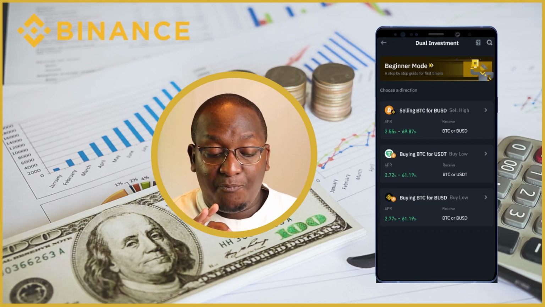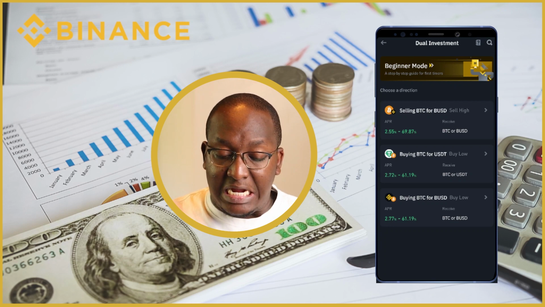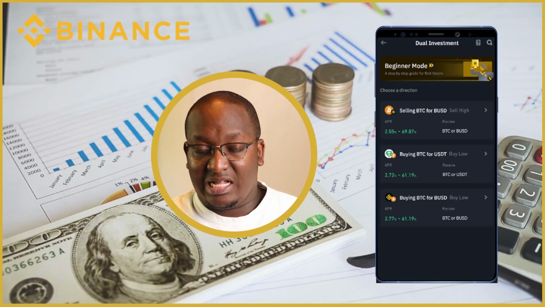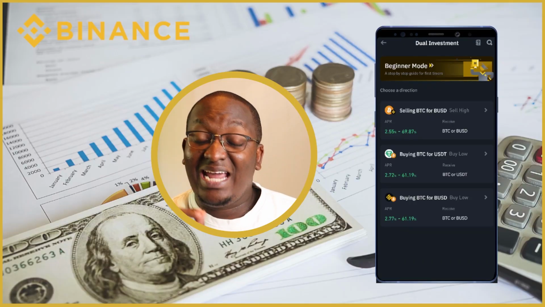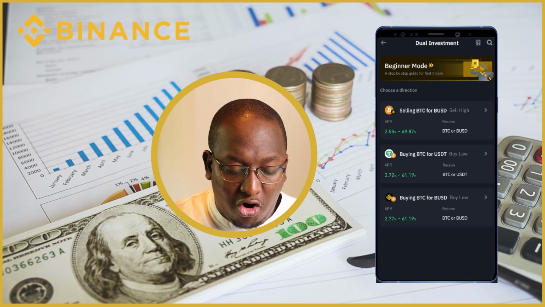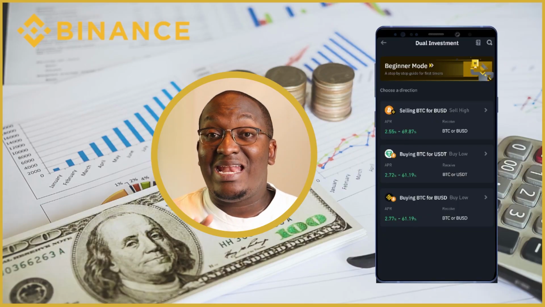So here we are on the advanced mode, and there are three different options for us. One is selling BTC for BUSD, sell high, or buying BTC for USDT, buy low, or buying BTC for BUSD, buy low. So now the next thing to understand is exactly what these three mean.